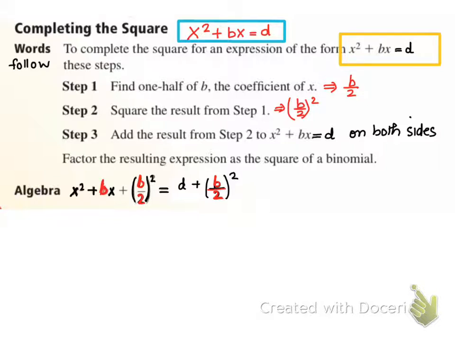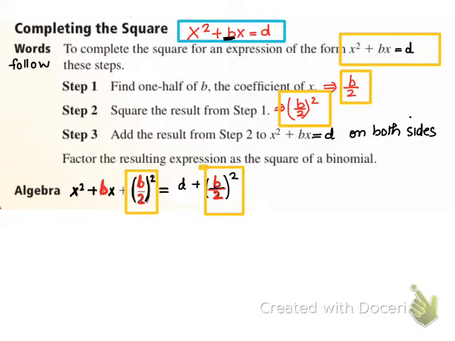You have to figure out where your b is. Your b is the coefficient of x here. So you're supposed to find that and make it half, b over 2, and then square the result. You square that b over 2 thing and you have to add it to both sides. So you have to add that in the equation on both sides. Let me use it here.